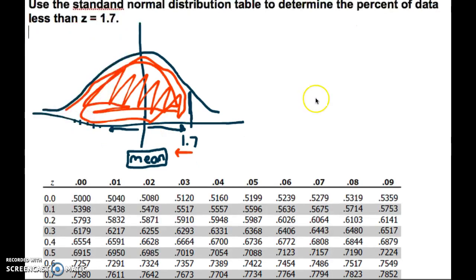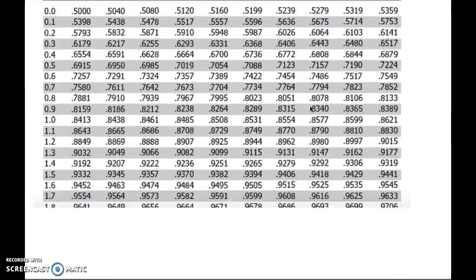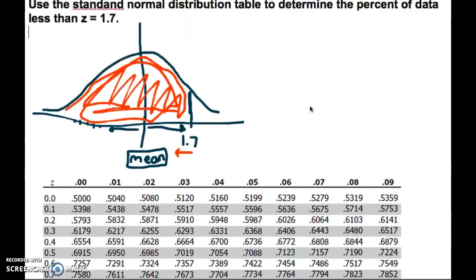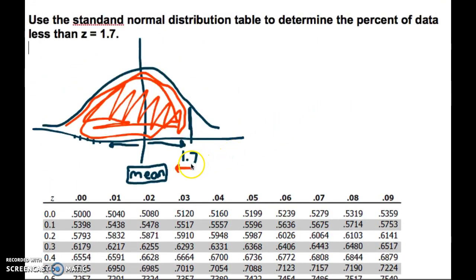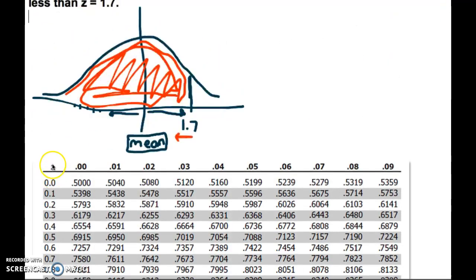Okay, so I pulled up a z-table here, and if I scroll down slowly, you'll see some of the values here. I'm looking at 1.7. So on the left-hand side here is my z value, and then these are my decimals.